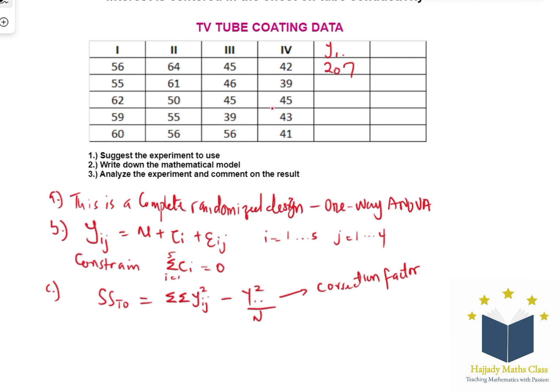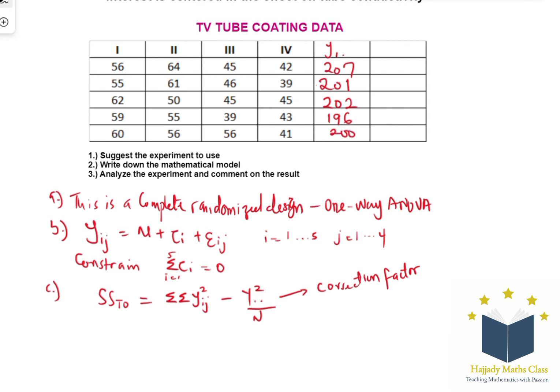For the second row, you can use a calculator to confirm these values, 201. Thirdly, 202. Then 196. And here, 200.